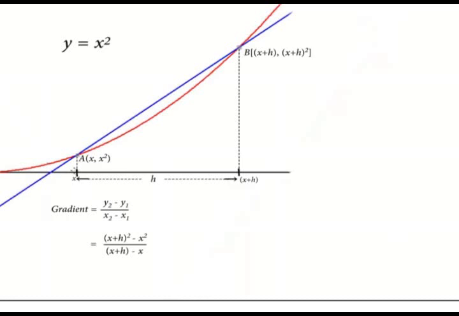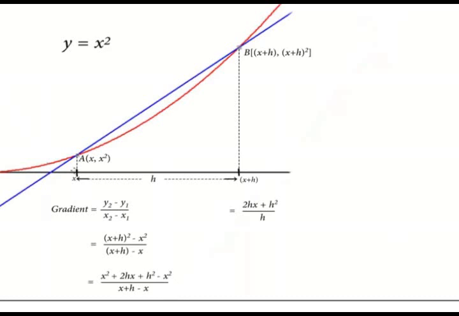If we expand the numerator, we shall have x squared plus 2hx plus h squared minus x squared over x plus h minus x. In the numerator, x squared minus x squared will give us 0. In the denominator, x minus x is 0. So we remain with 2hx plus h squared over h.